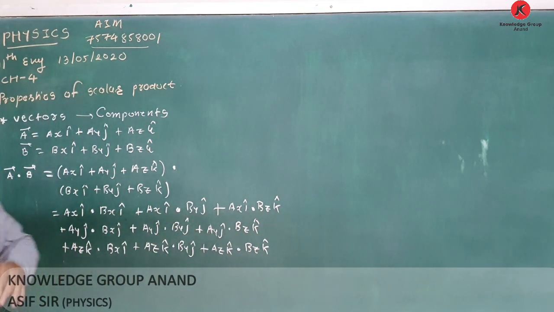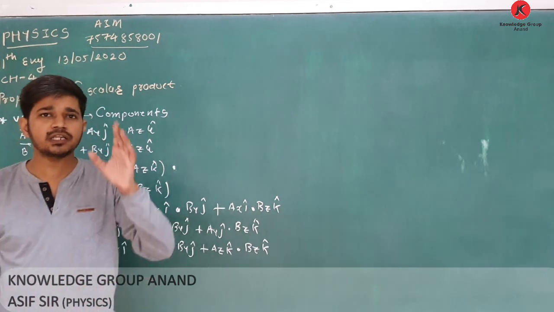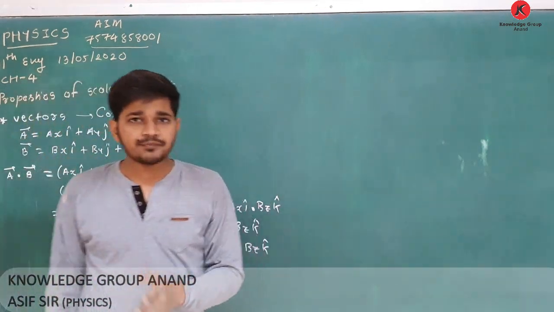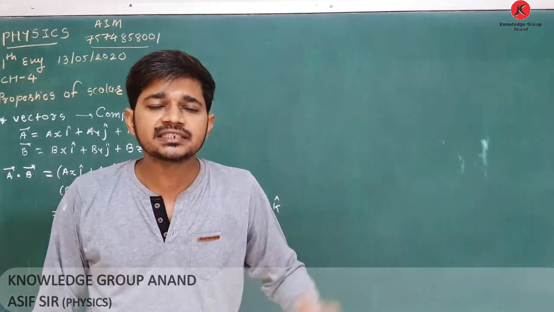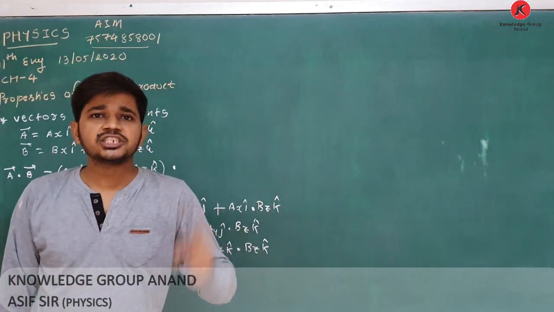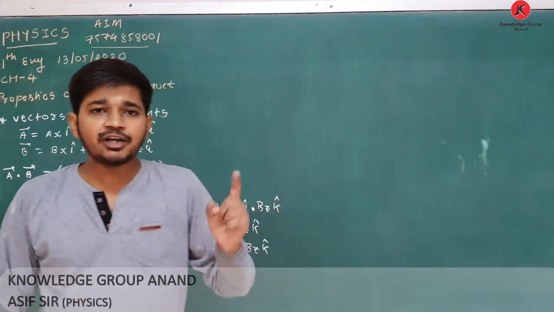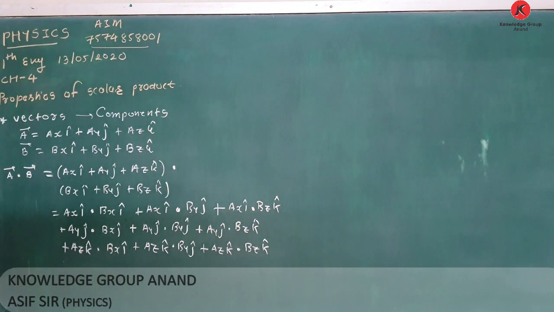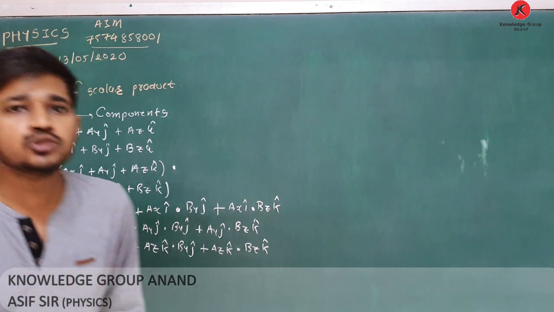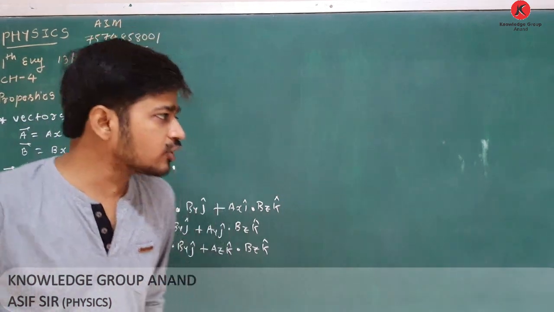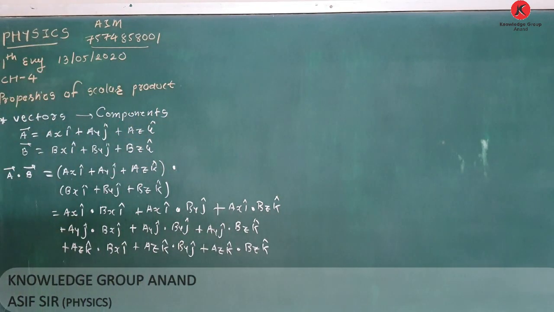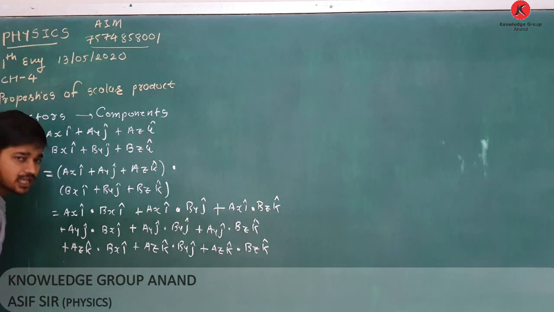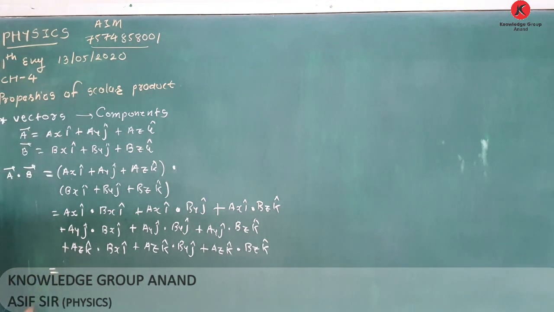Now, in the last lecture we discussed one important property: i dot i is equal to 1, j dot j is equal to 1, k dot k is equal to 1. Also i dot j, j dot k and k dot i are all equal to 0. So how to simplify this? The first term is Ax i dot Bx i.